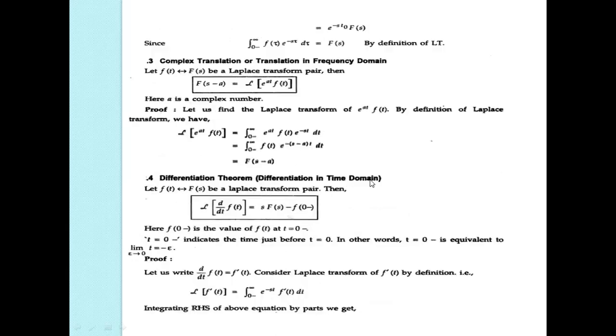Frequency is shifted with the a samples, and there is no change in the time, f of t. So the time domain signal f of t is multiplied with the positive exponential of e power at. Applying the Laplace transformation for that signal, you get the shifting in the frequency, F of s minus a. Okay.